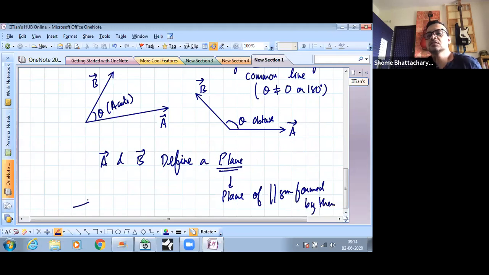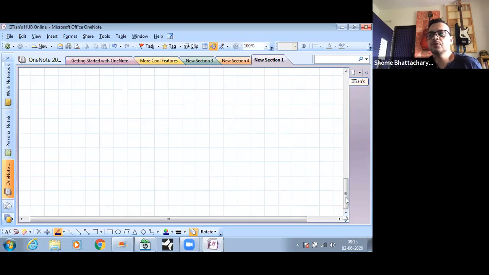In such a case, you can form a parallelogram with the vectors A and B, and that parallelogram is a two-dimensional figure, so it lies in a plane. Okay, so they form this sort of plane. Whereas, I'll come back to the other point above.